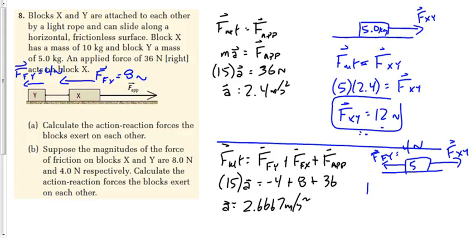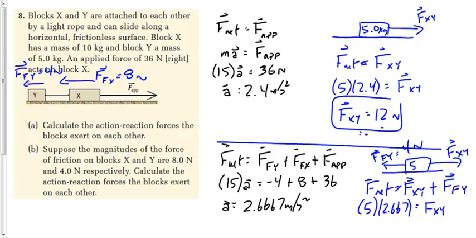So we're going to say the net force is equal to the sum of the forces. We're going to say 5 times 2.667 equals, what do we get? Fxy plus Ffy, which is -4.